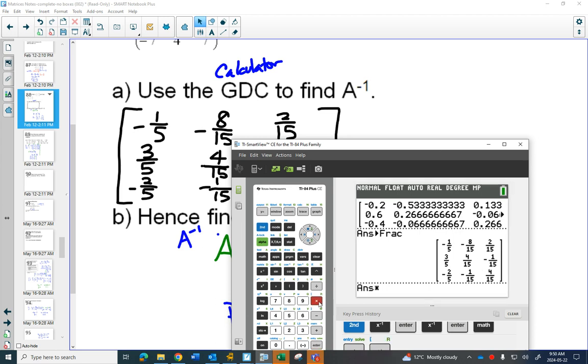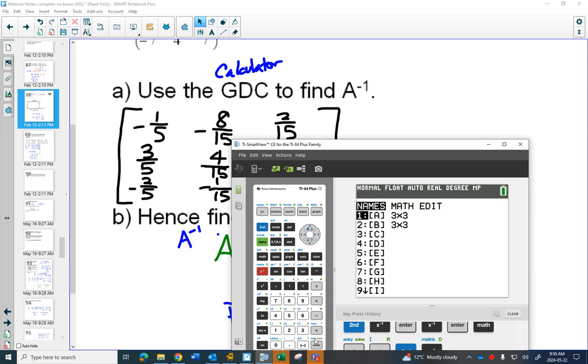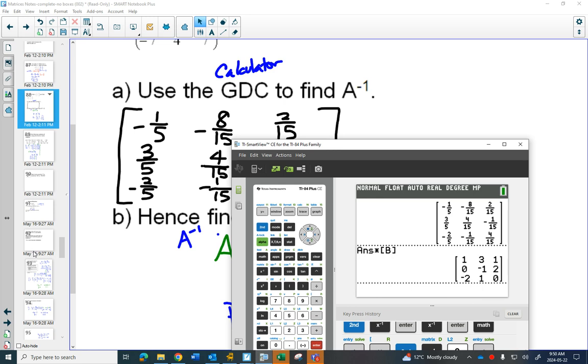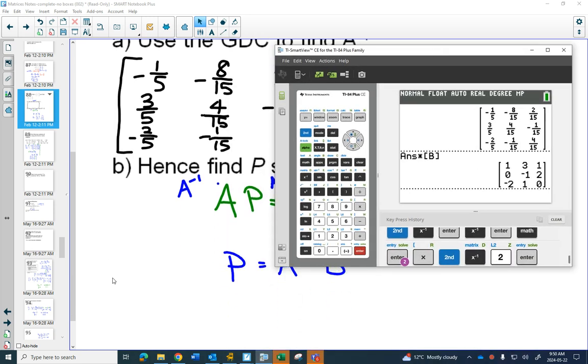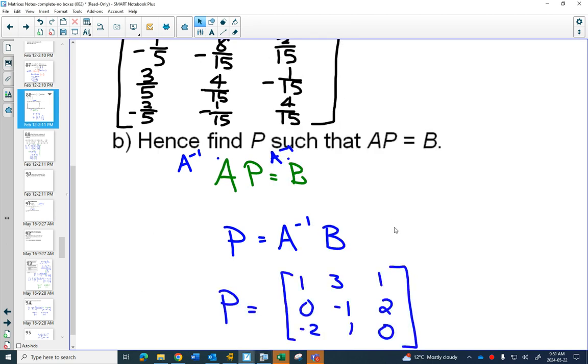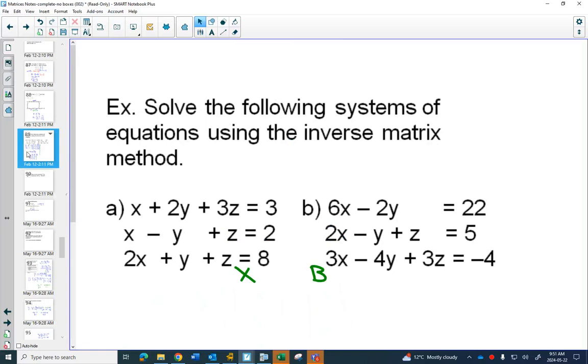I want to take that answer and multiply it by matrix B. And I get an answer for P. Which means with this on your calculator, we can now solve systems of equations with matrices.